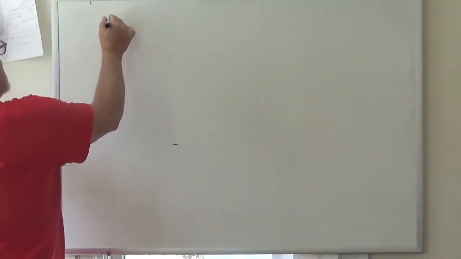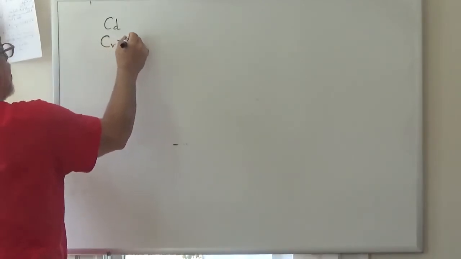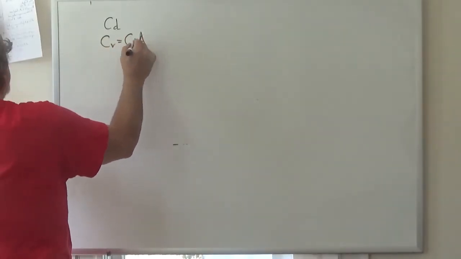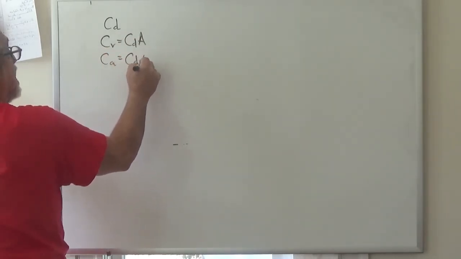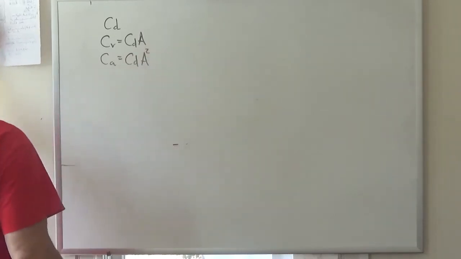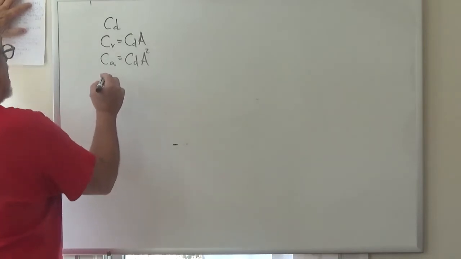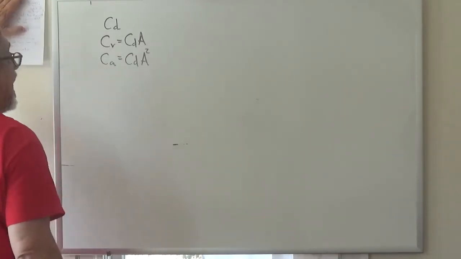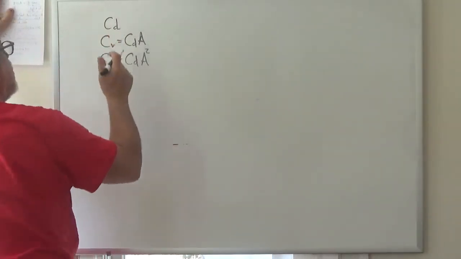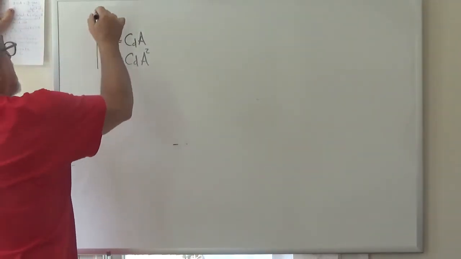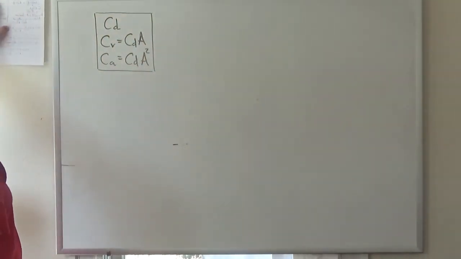So we have CD, then we have that CV is equal to CD times A. We have that CA is equal to CD times A squared, right? We also have that D is equal to CDAB, but I'm not going to be using that for our derivation, so I think I will leave it as this to keep things as tight as possible, right?